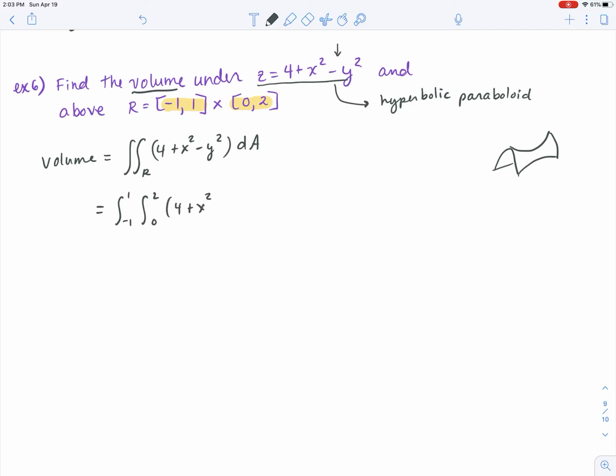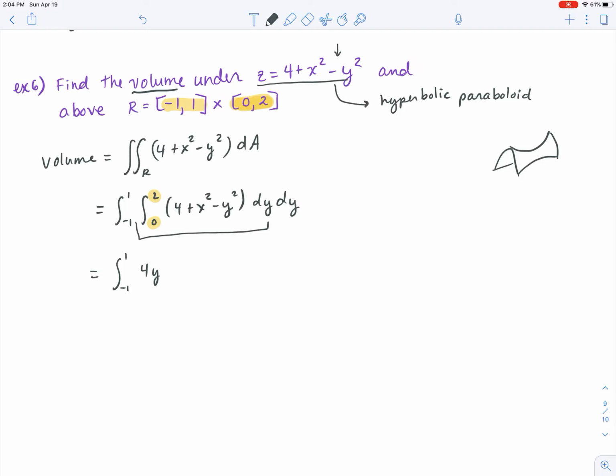We've got 4 plus x squared minus y squared. And then the order in which we picked our limits, our first one is 0 to 2, that's y. So we're doing dy, then dx. Let's go ahead and compute this inside integral. So I've got the integral from -1 to 1, and then the integral of 4 dy is 4y.